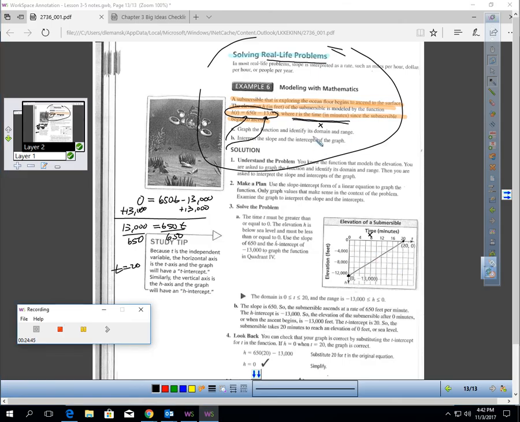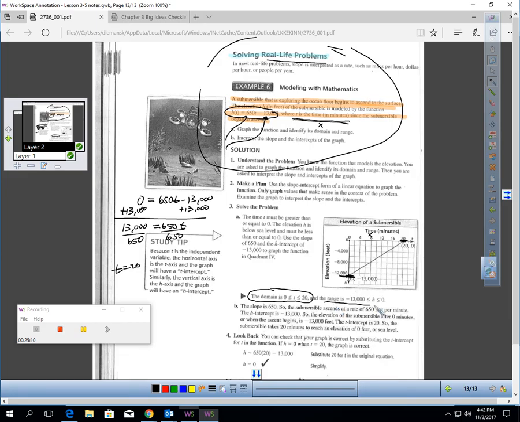Let's identify the domain. Values of time go from 0 to 20. That's why the domain for time is 0 to 20. Now look at the elevation below the water. The lowest we are is here at negative 13,000, and the highest is, well, when you're at sea level, 0.